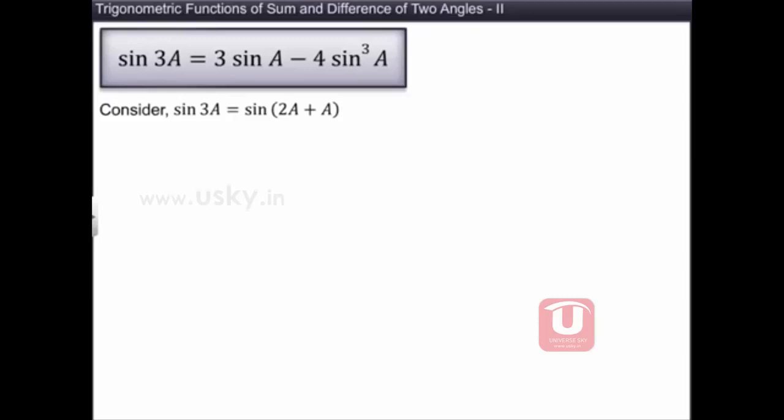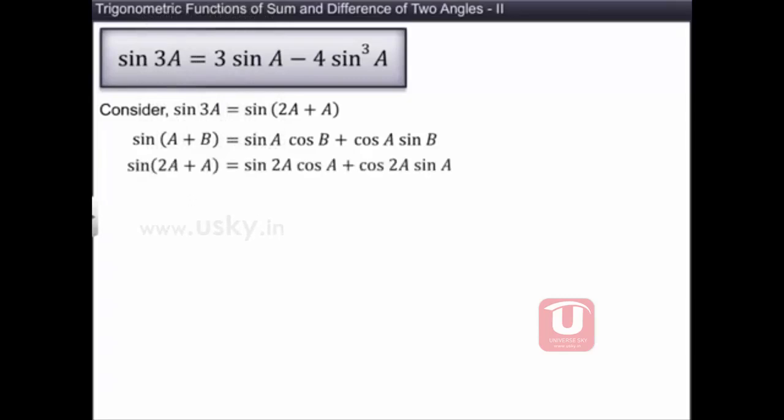Sin 3A can be written as sin of 2A plus A. Recall that sin of A plus B is equal to sin A into cos B plus cos A into sin B. So, sin of 2A plus A can be written as sin 2A into cos A plus cos 2A into sin A.